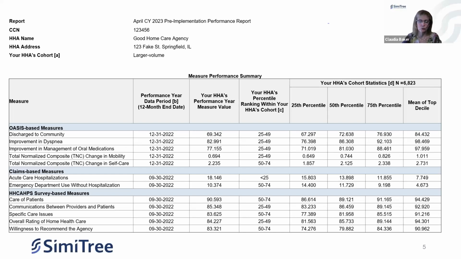Specific care issues, pain, medications, et cetera. Their overall rating of your agency and their willingness to recommend your agency to others. So we've got those survey-based measures, claims-based measures, and OASIS-based measures that are all being reported in this measure performance summary.